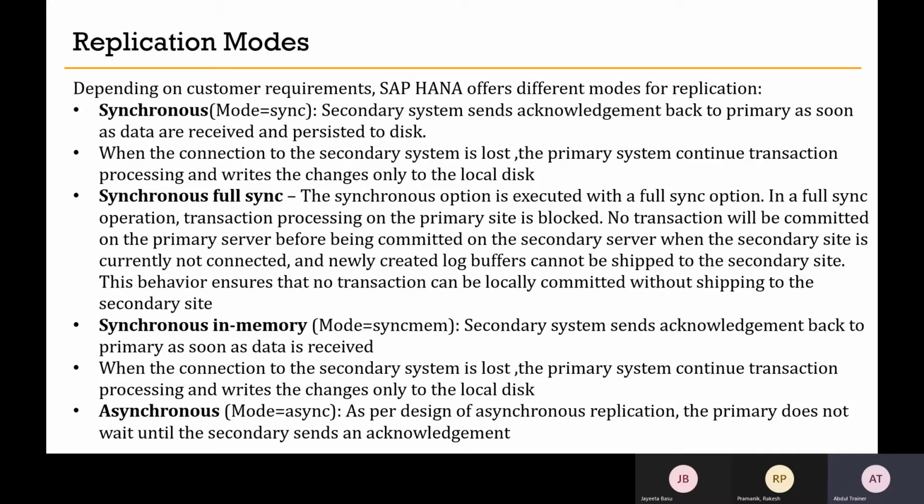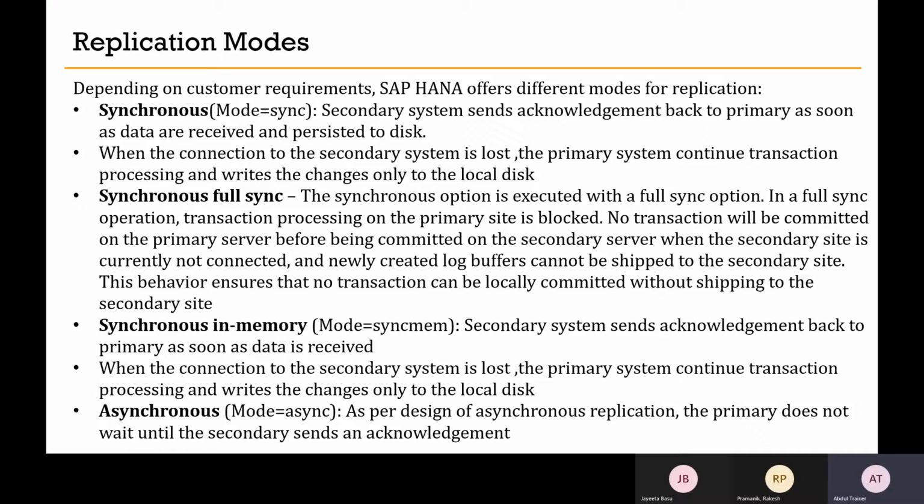What happens if the connection is lost between primary and the secondary? If the connection to the secondary is lost, the primary system continues the transaction processing and writes the changes only to a local disk.